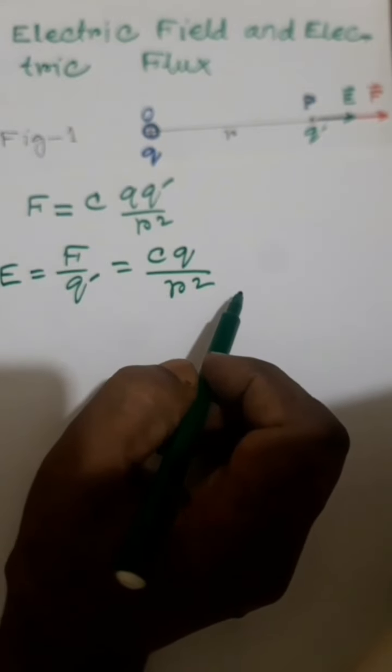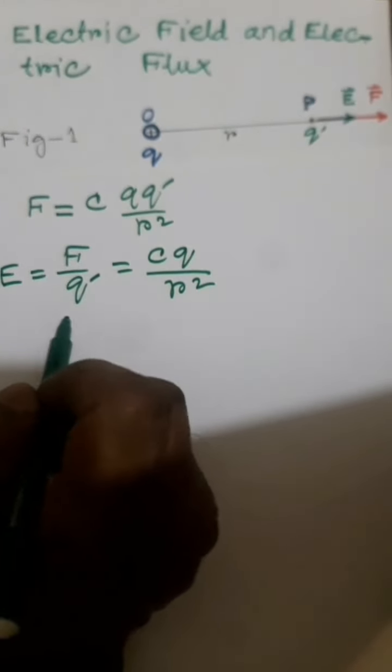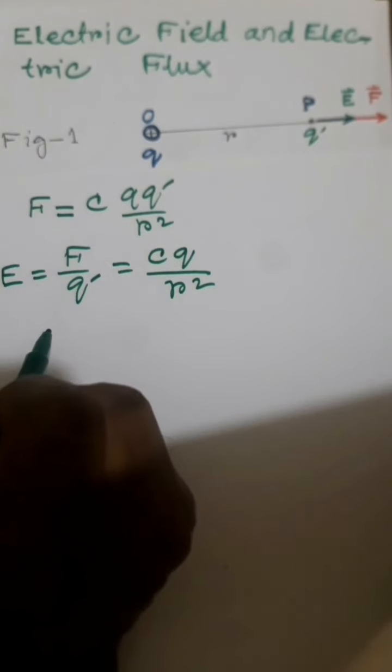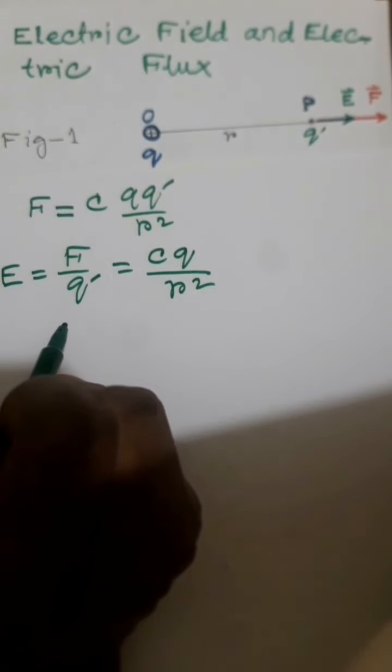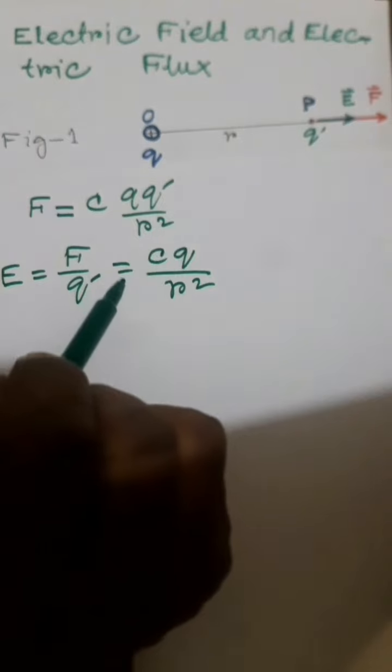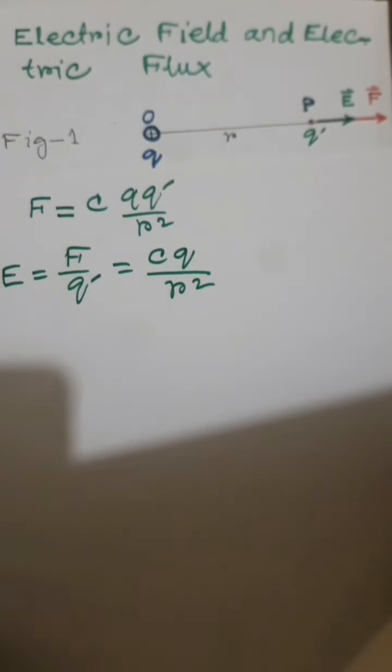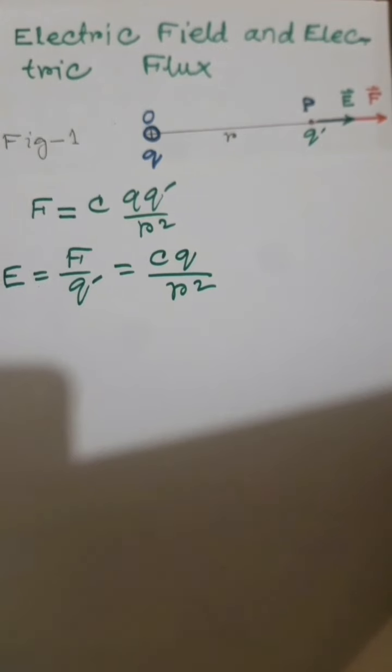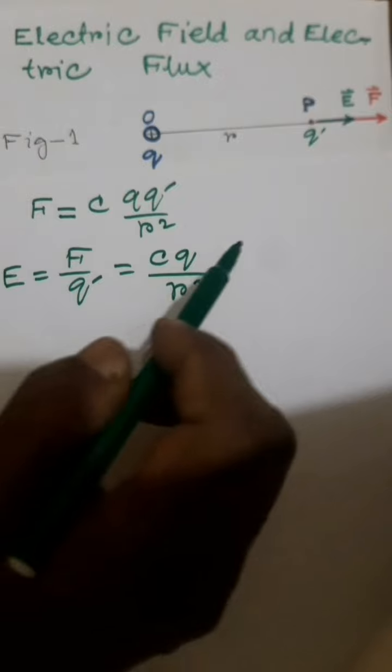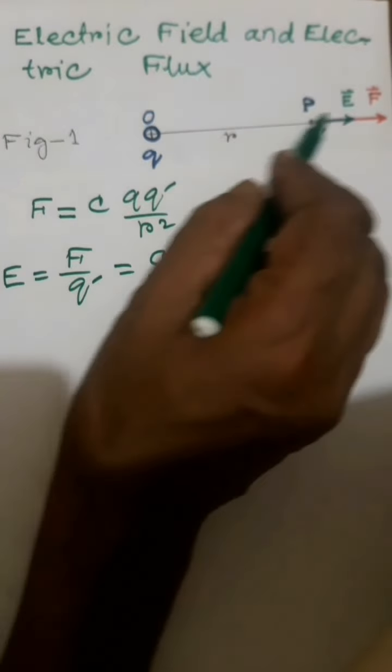It is called electric field strength at the point P, or electric field intensity, or simply electric field at P. It is also directed along OP.